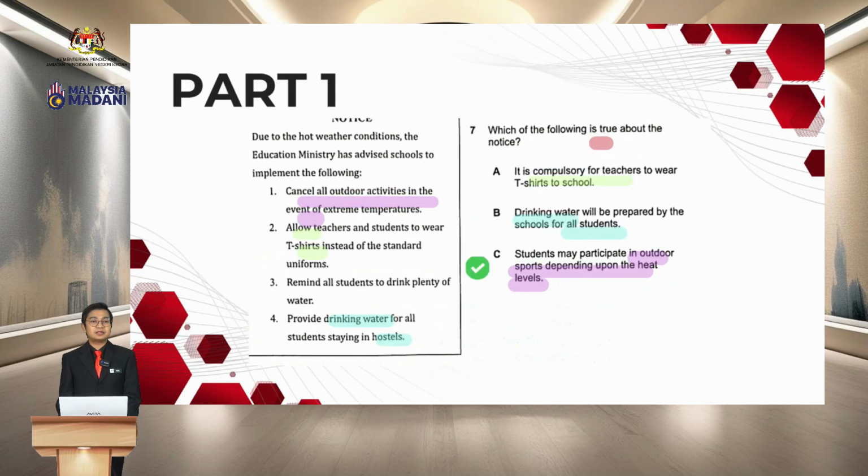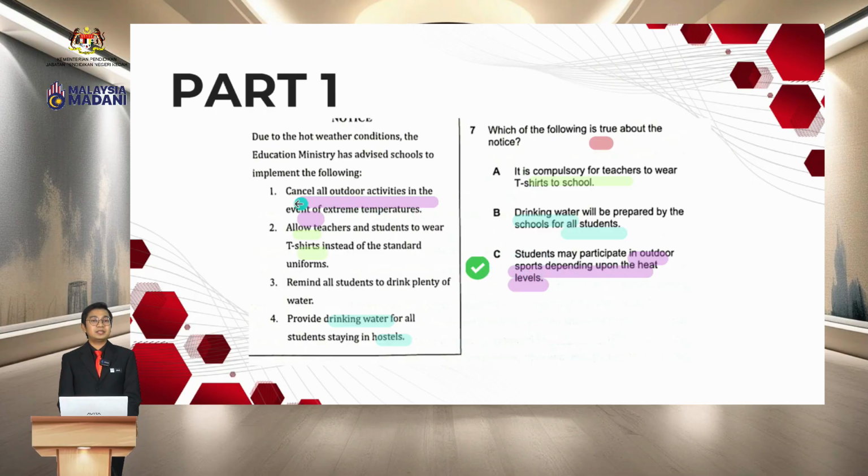So the correct answer will be C. Because the words depending and in the event basically reflect the same meaning. So it depends on the heat level, they can participate in the outdoor sports.